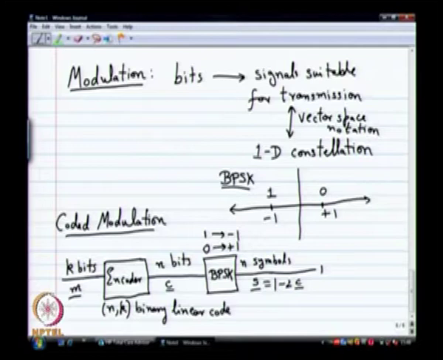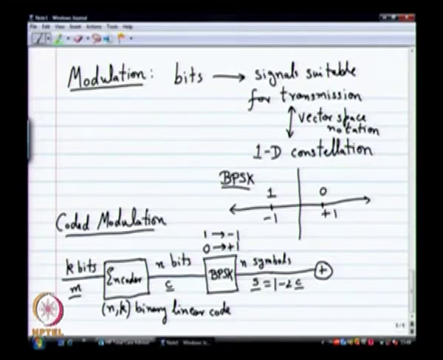A random variable gets added to each symbol, either plus 1 or minus 1, and that random variable is independent from symbol to symbol, and it has some variance which we will call sigma square, which might be some N0 by 2 in your white noise assumption.